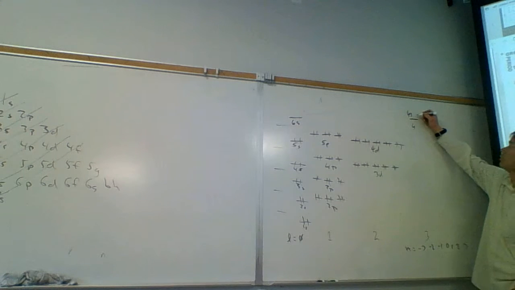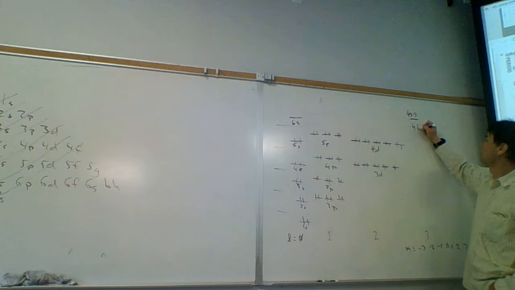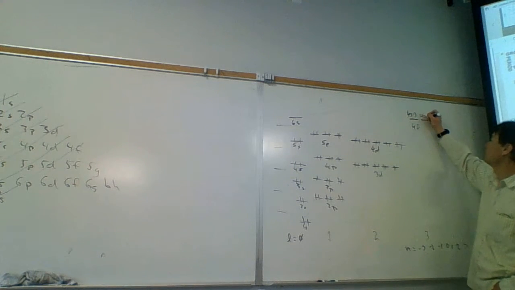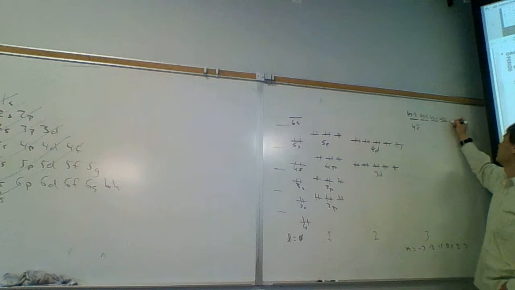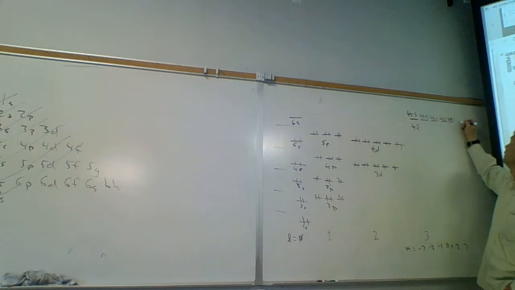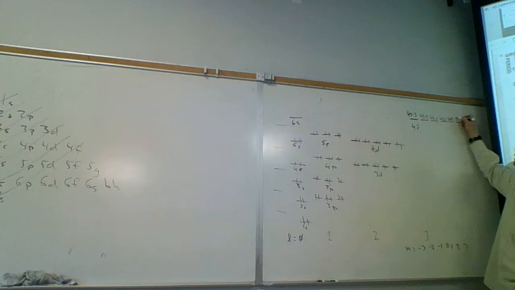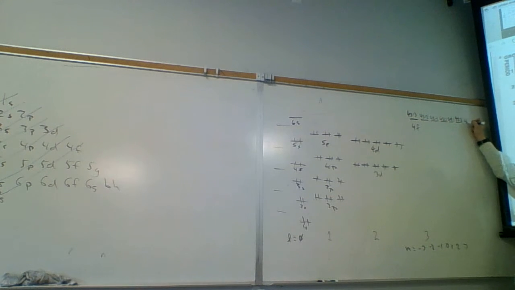And so this is going to be a 4, 3, -3. These are the 4f orbitals. The next one will be a 4, 3, -2, 4, 3, -1, 4, 3, 0, 4, 3, 1, 4, 3, 2, and finally a 4, 3, 3.